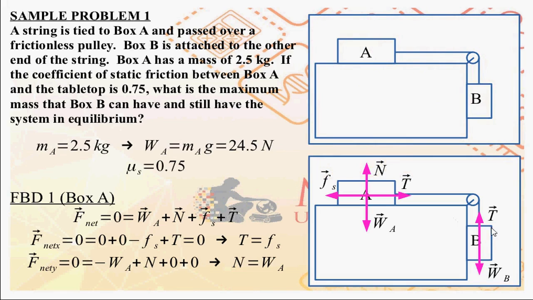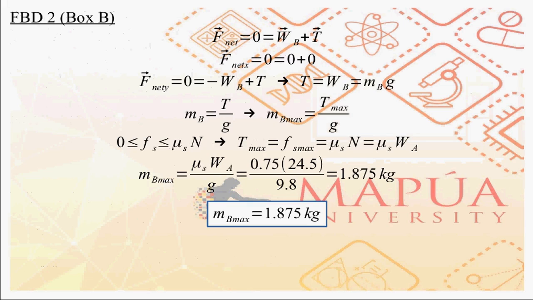Tension is heading in the positive direction, so weight is negative, minus WB, and tension is positive, plus T. The y component tells us that the tension magnitude is just equal to the magnitude of weight B, and weight B is just equal to mB g.